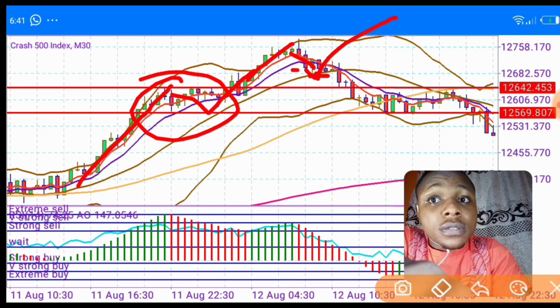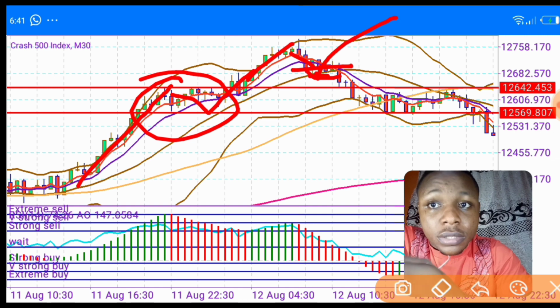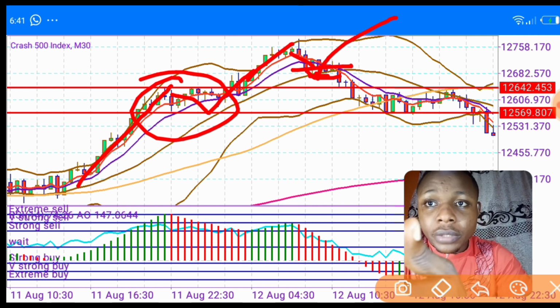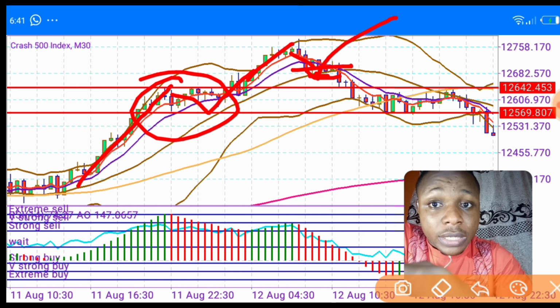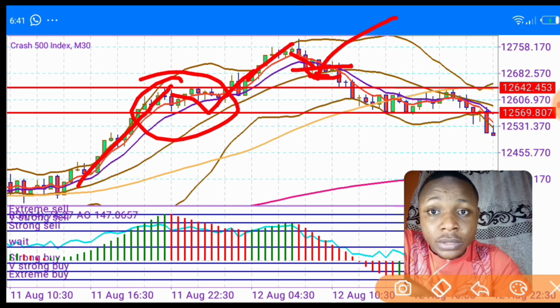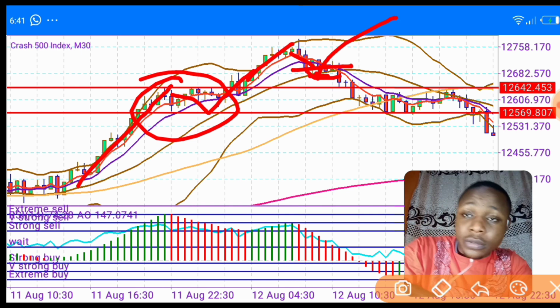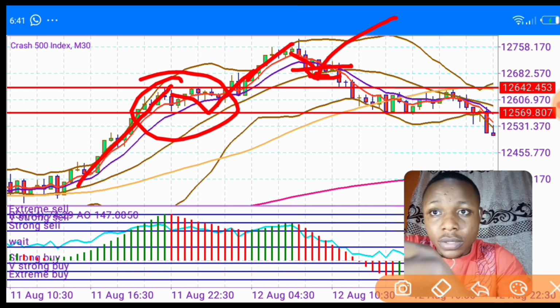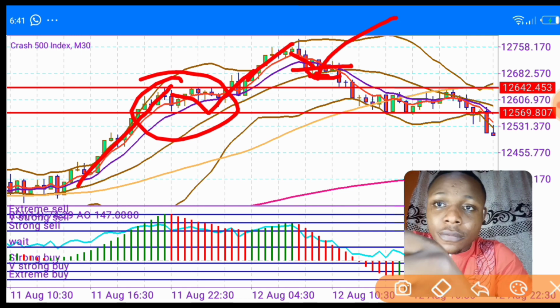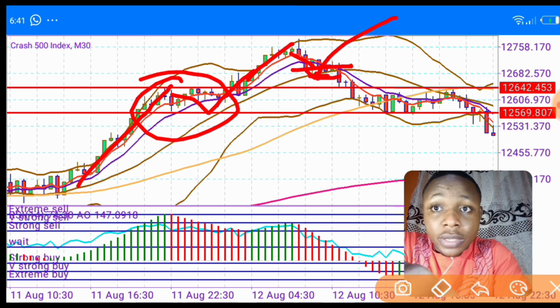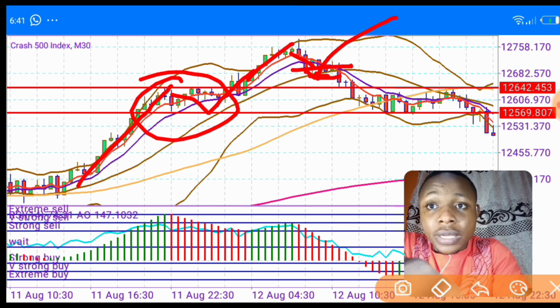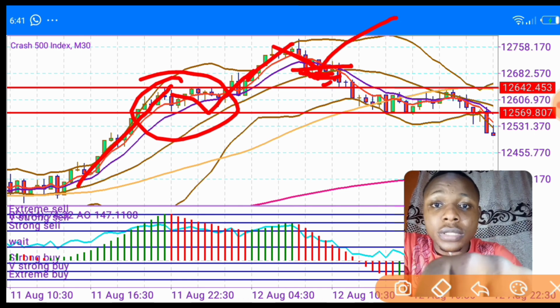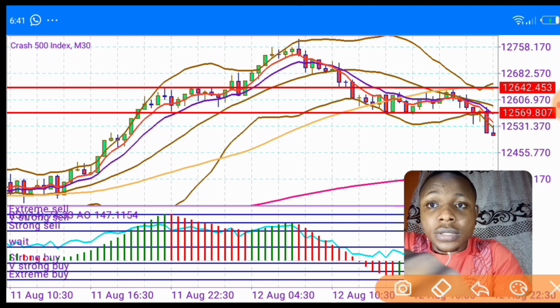If you have bought over here, you are correct. Your analysis is right. But those are the kind of losses that are inevitable on the market. No matter how good your strategies are, no matter how professional you are, there are some things that sometimes you still have to lose. Because normally, anyone can decide that this market is only pulling back and start buying at this point, but see what happened.